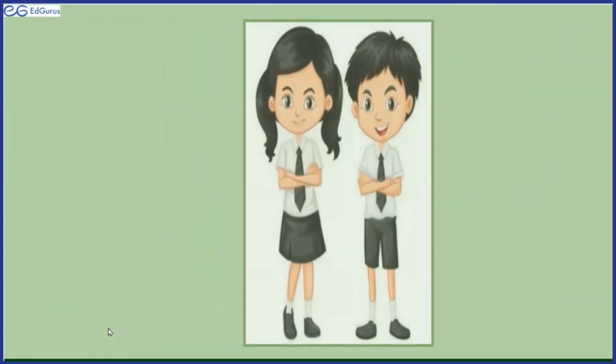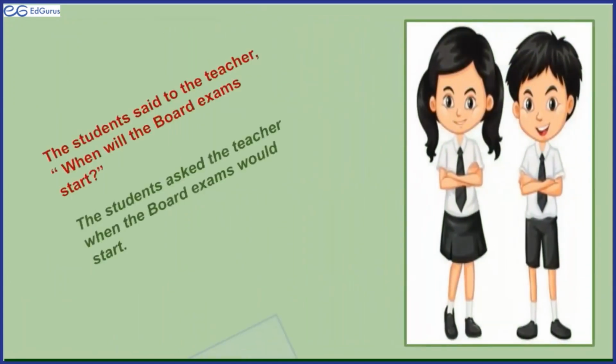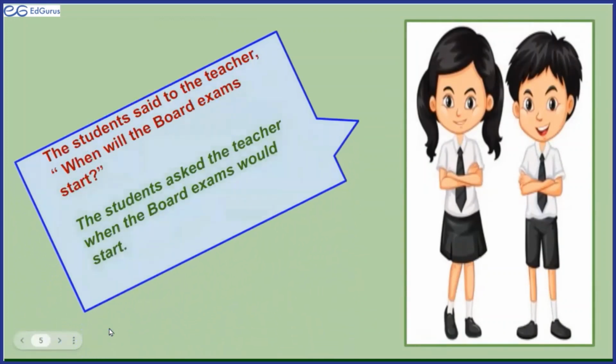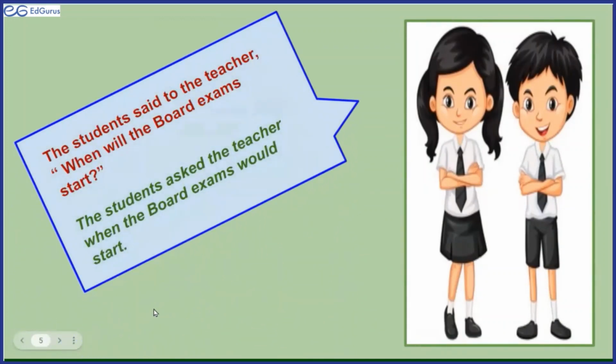Now these are young children, right? Let us see what conversation they had with their teacher. The students said to the teacher, "When will the board exams start?" Look at this interrogative here. "When will," soon after "when" is the helping verb.